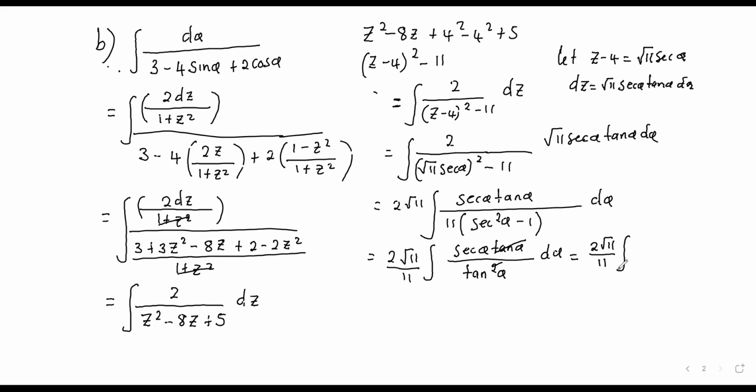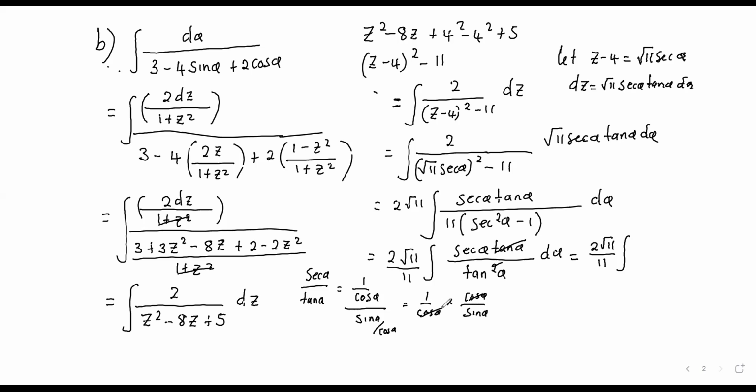integral of sec theta over tan theta. Now look at this, sec theta over tan theta is the same thing as 1 over cos over sine over cos. So this is like 1 over cos times cos over sine.